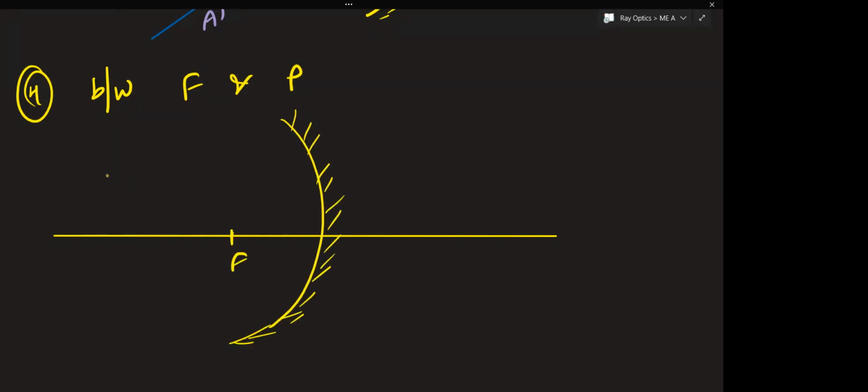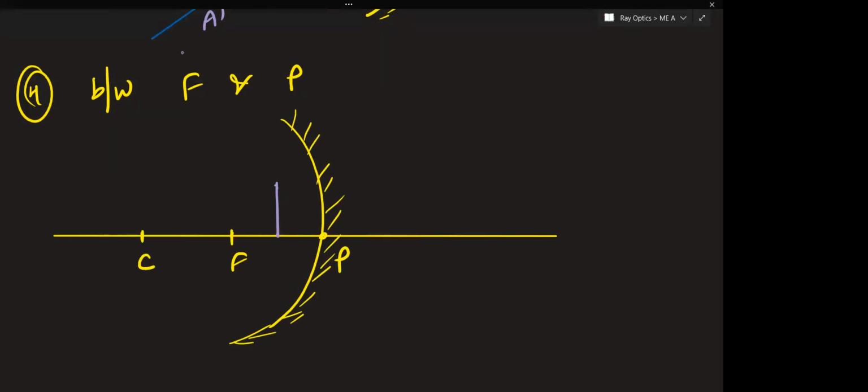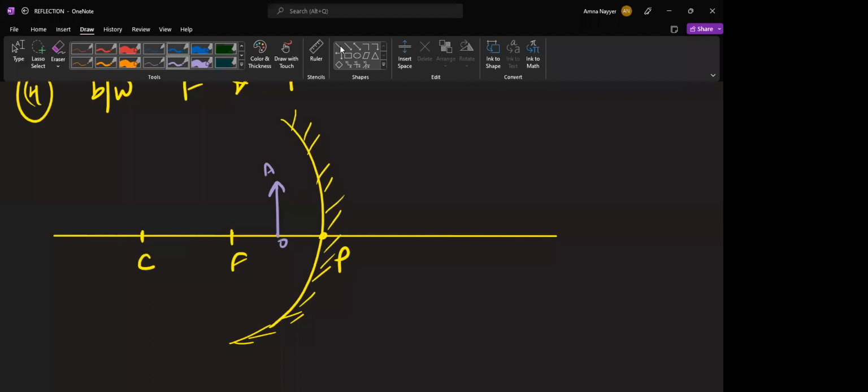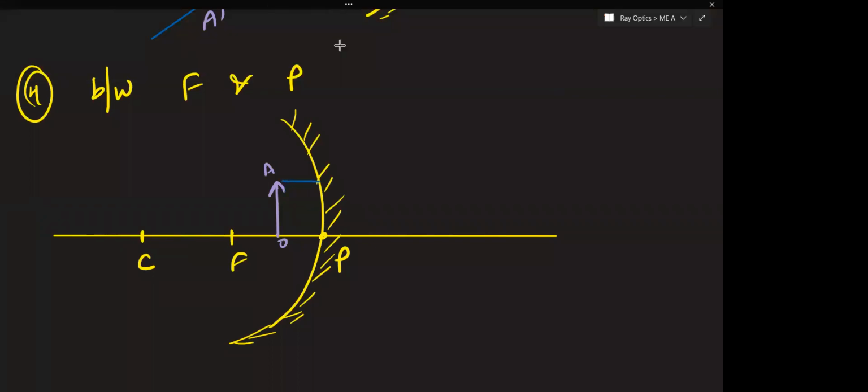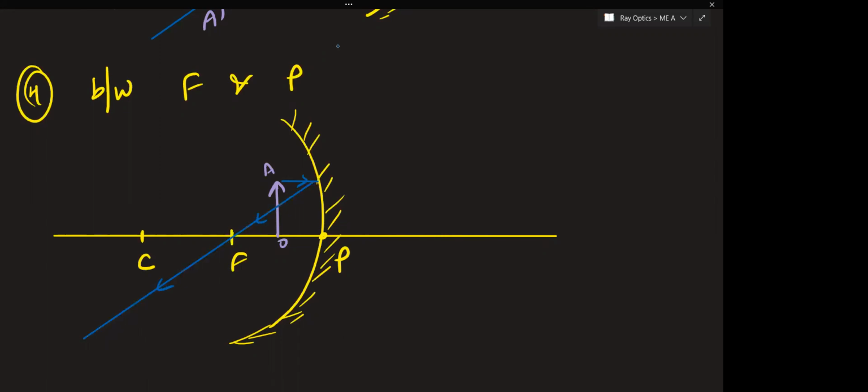This is the focus, this is the center of curvature, this is the pole. Object OA has been kept over here. The first law will be followed, the ray will be parallel, and it will pass through the focus.